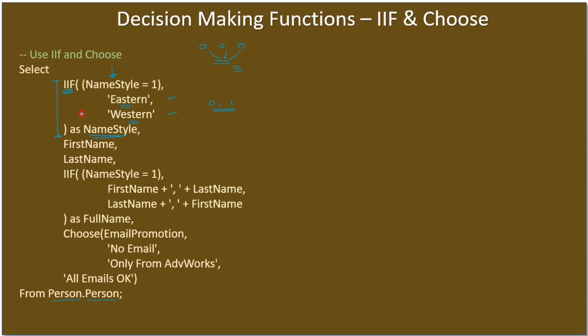So we use the IIF once, then we are showing the first name, last name. Here once again we are using the immediate if statement. If name style equal to 1, when this condition is true, it will come to the first part. When it is false, it goes to the next part. When name style is Eastern, we display the first name first, then last name.